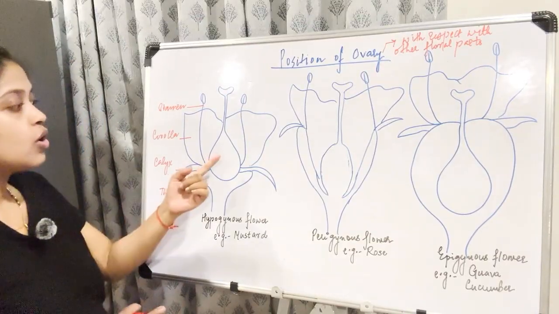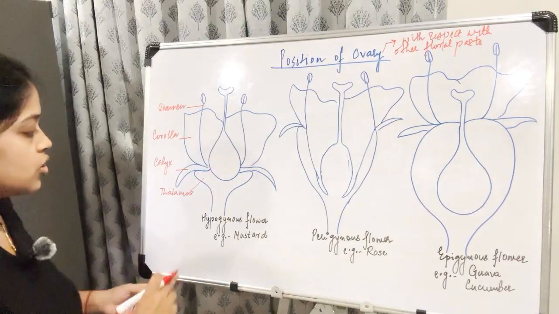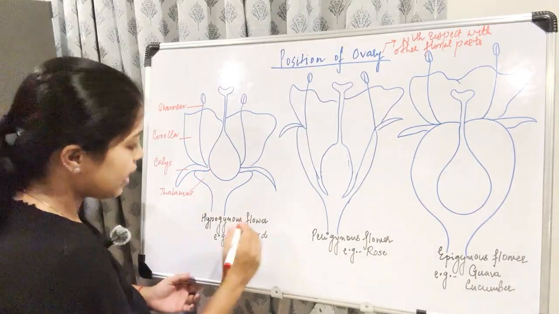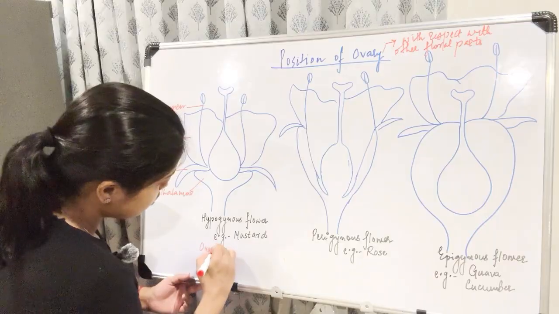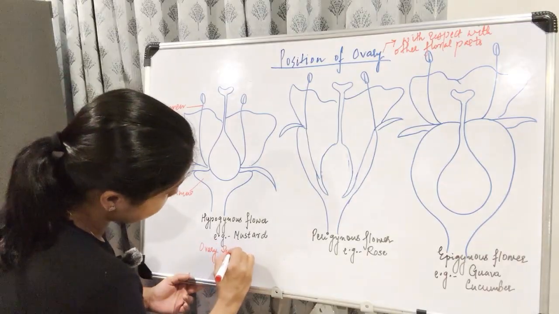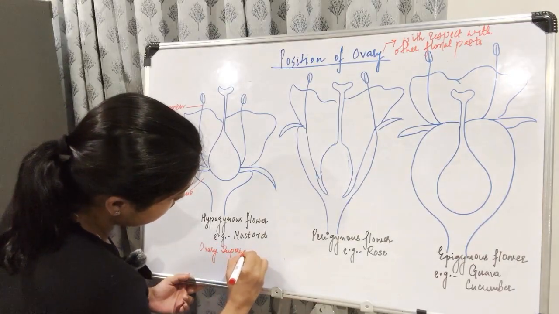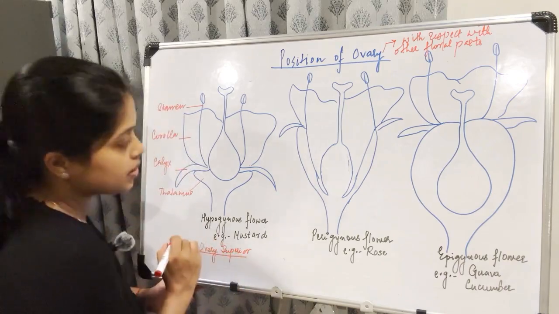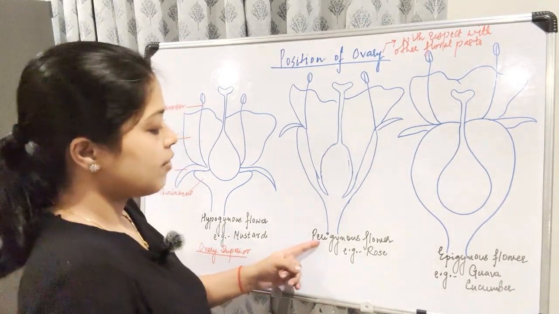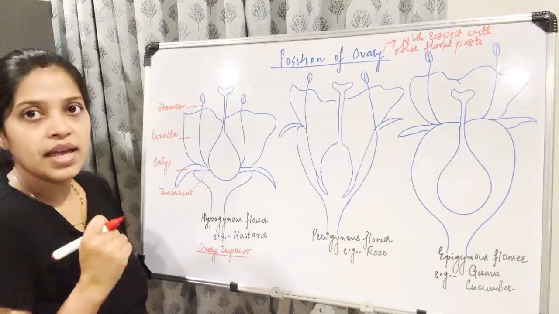So here the ovary is superior, so this condition is called hypogynous. Remember this. Then we have another condition called perigynous.